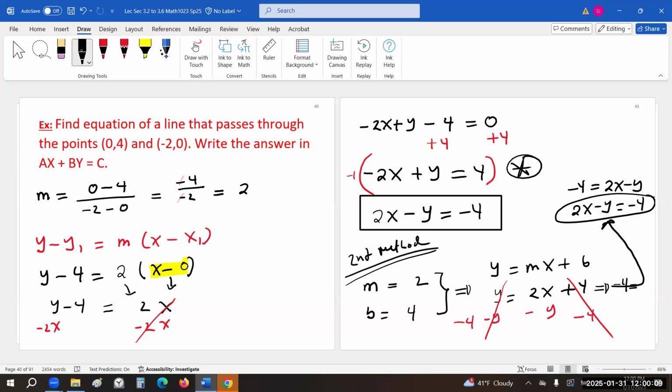So it's a shortcut. If you understand what's going on, you can do any shortcut. In this shortcut, I use y equals mx plus b format because they already gave us our y-intercept. And then I just switch around the things I need to do instead of having an extra multiply by -1.